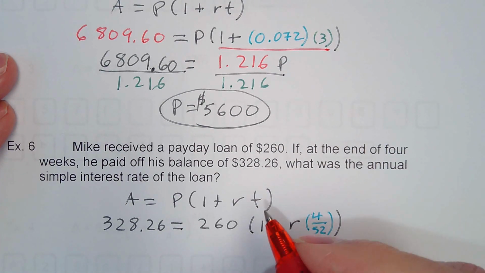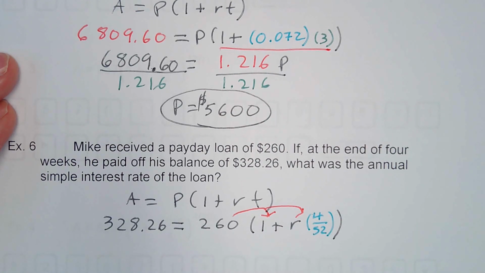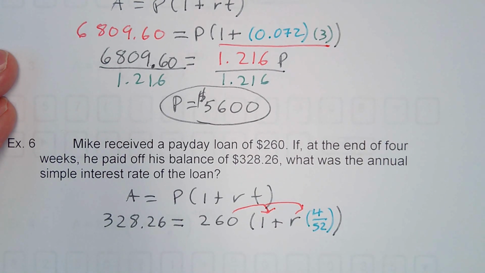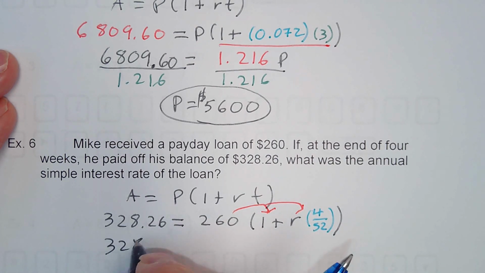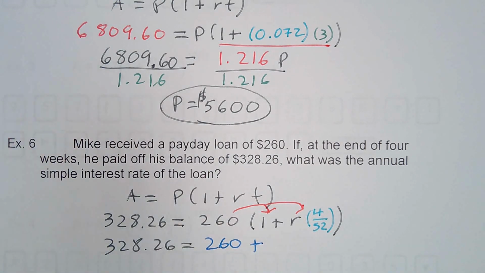So, like we did in problem 4, we're going to distribute that 260 to both terms. So this would be 260 plus, we'll take 260 times a fraction, 4 over 52, and that will give us 20.